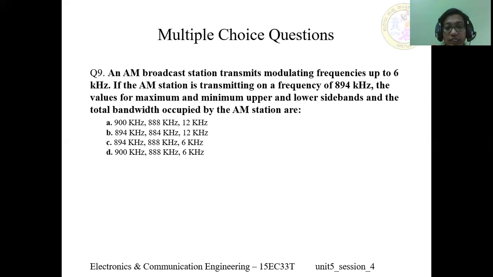If the AM station is transmitting on a frequency of 894 kilohertz, that is the carrier wave, the value of maximum and minimum upper and lower sidebands, and the total bandwidth occupied by the AM station are: option A, 900 kilohertz, 888 kilohertz, 12 kilohertz bandwidth; B, 894 kilohertz, 884 kilohertz, and 12 kilohertz bandwidth; C, 894 kilohertz, 888 kilohertz, and 6 kilohertz bandwidth; D, 900 kilohertz, 888 kilohertz, and 6 kilohertz bandwidth.